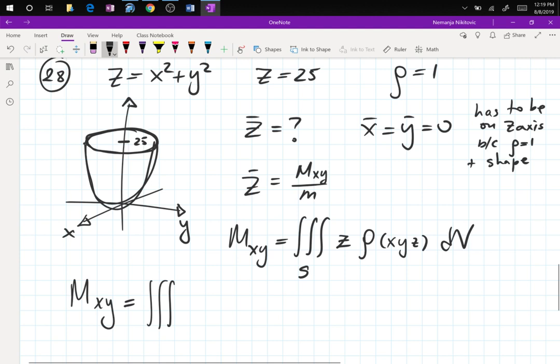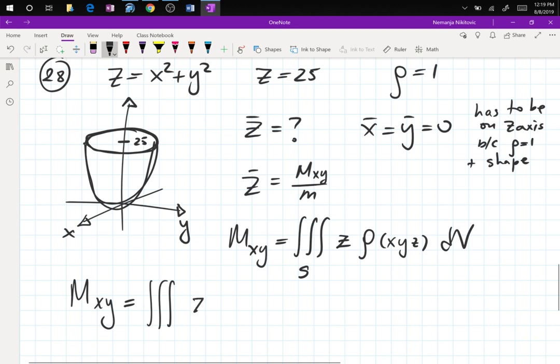Looking at the shape. Which one? Spherical. It's not a sphere, and I have a flat plane, so I'm trying to avoid spherical. Cylindrical. It's a round object which does not contain a ball, right? So let's use cylindrical.